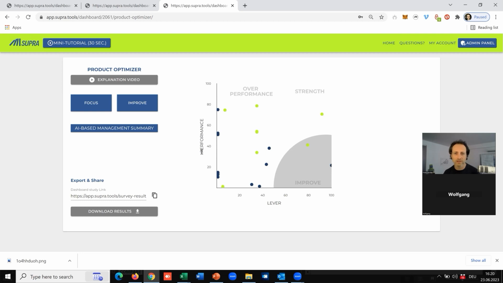Interestingly, the performance is low, so basically people don't believe it works. So if you can prove that this works, and you communicate that better, yeah, you ramp this up to the strengths piece.